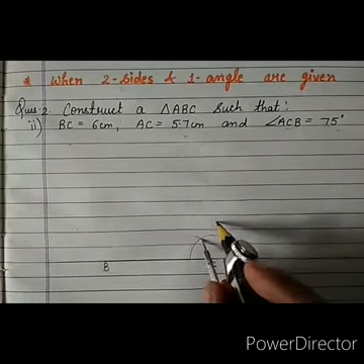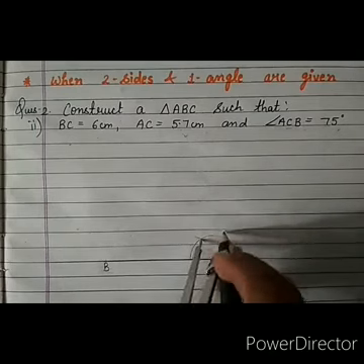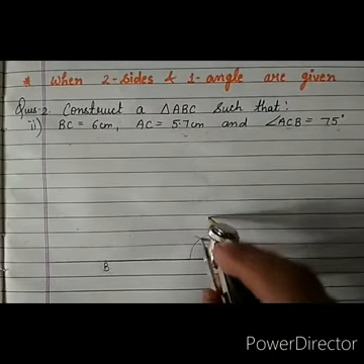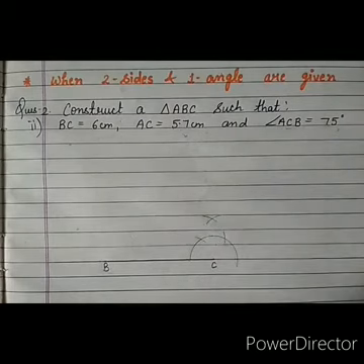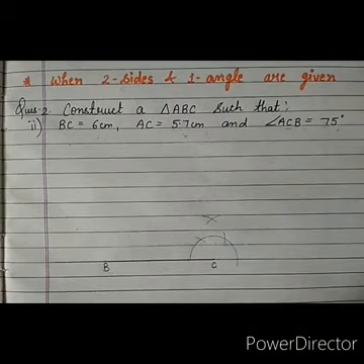Now from this point we have to make another arc which is of 120 degrees. Now between 60 and 120 we have 90 degrees. So we have to make two arcs this way. Now this is our angle of 90 degrees.